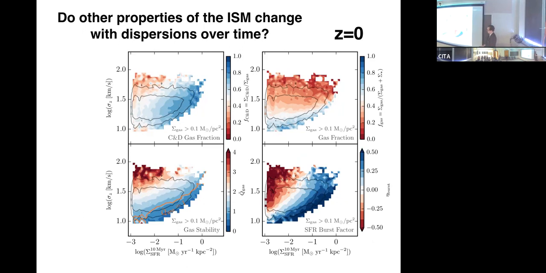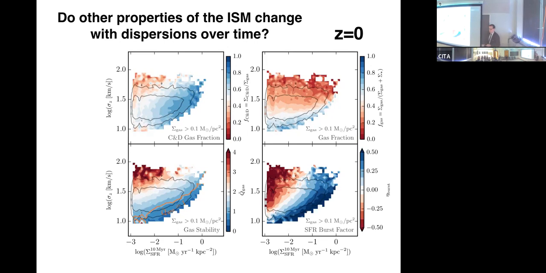And I've colored this by a number of physical quantities that you might think are important in galaxies in some sense. The fraction of gas that's in a very cold molecular phase of all the gas, the actual gas fractions, so fraction of gas to stars, some parameter Toomre Q, the marginal gravitational stability of the gas, where if it's very blue, it's on average unstable and ought to be fragmenting and collapsing.